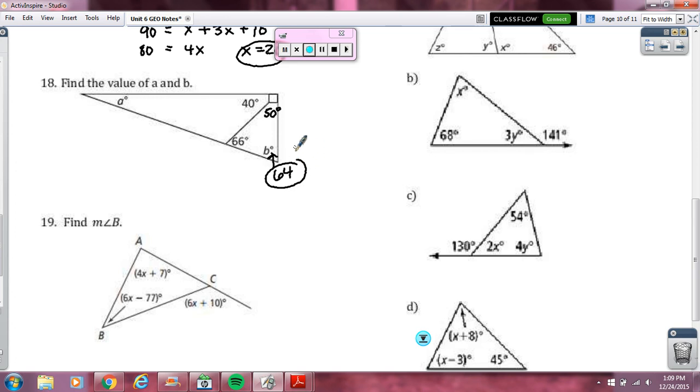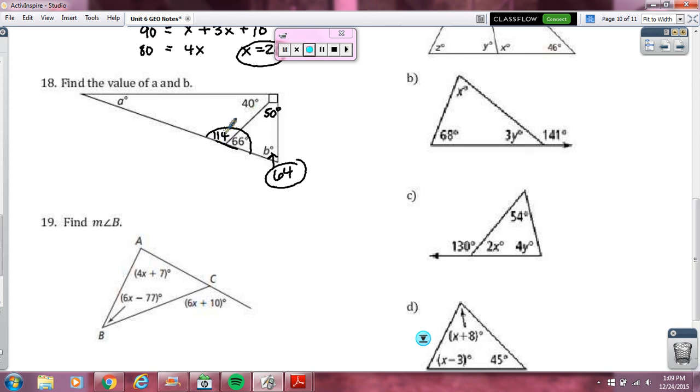And then there's a couple ways that you could find angle A. You could think about the big triangle has 64, 90, and then A, and then just do 180 minus 90 minus 64 and see what's left. Other thing you could do is recognize that right here I have a straight line. So 66 and whatever this angle is would be 180 together. If I do 180 minus 66, I get that this angle is 114.